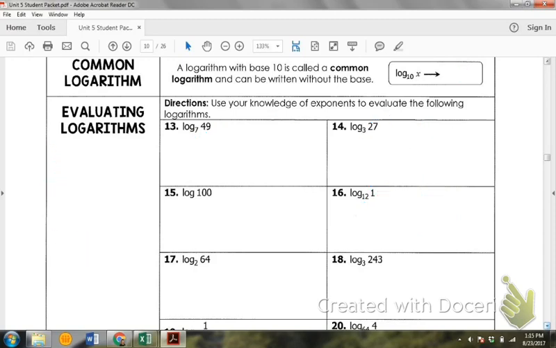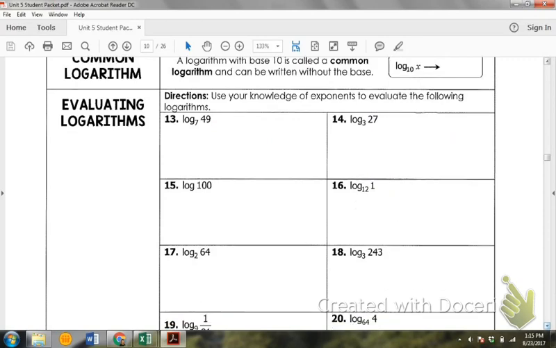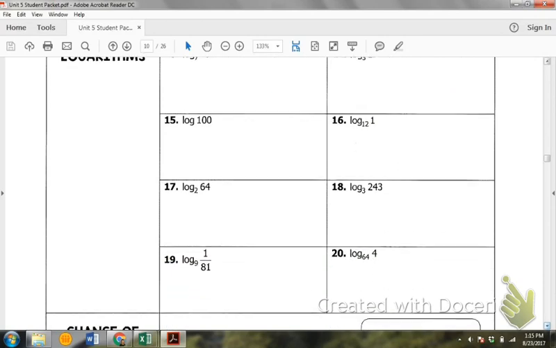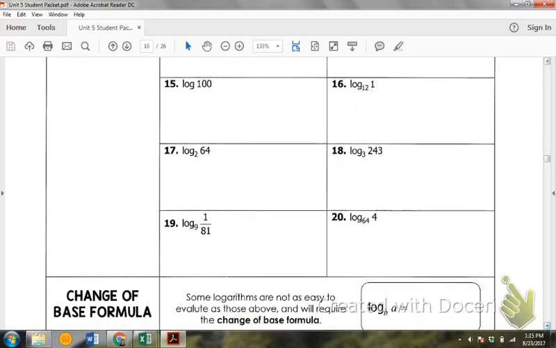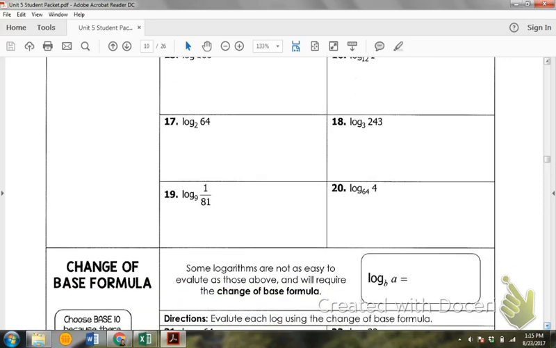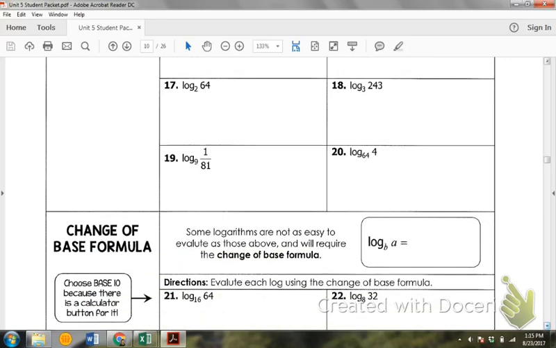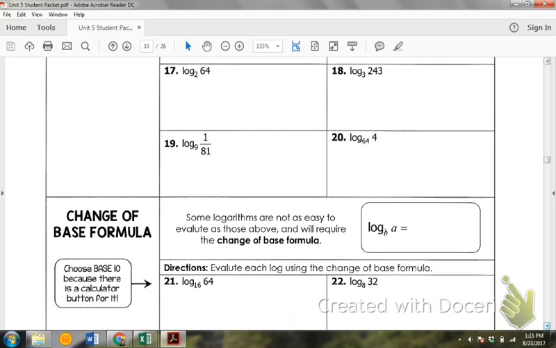Okay, let's go down and do number 19 and 20. So let's hop down to number 19, please. I'm going to set it equal to y. Exponential form is 9 to the y power equals 1 over 81.